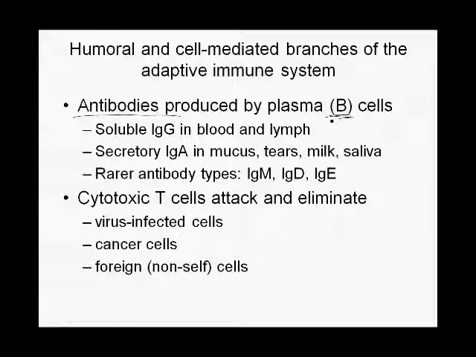But once B cells are activated, B cells turn into plasma cells. And plasma cells then are the product of B cell activation, and plasma cells are antibody factories. They will no longer divide, but they churn out great quantities of antibodies.